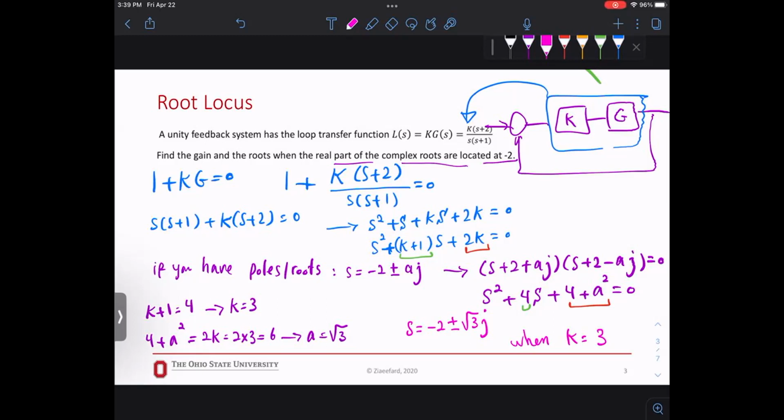No, what are you talking about? What? The last line of the bottom line. 4 plus a squared equals 2k. A squared equals 6. That's what I wrote. 2k is 6. Then your book is stupid.